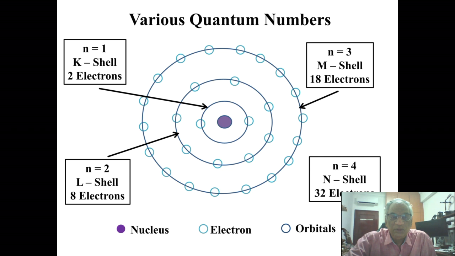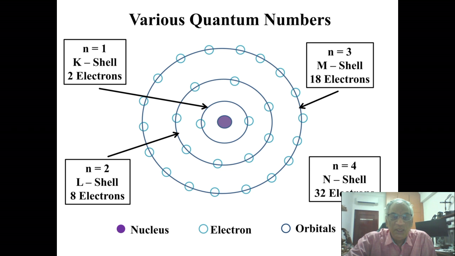n is equal to 1, n is equal to 2, n is equal to 3, n is equal to 4. Each shell is designated as K shell, L shell, M shell, N shell, etc. Each shell is allowed to contain a number of electrons given by 2n², where n is the principal quantum number. If n is equal to 1, 2 × 1², that is only 2 electrons are permitted in the K shell. Similarly, 8 electrons are permitted for n equal to 2, that is the L shell.